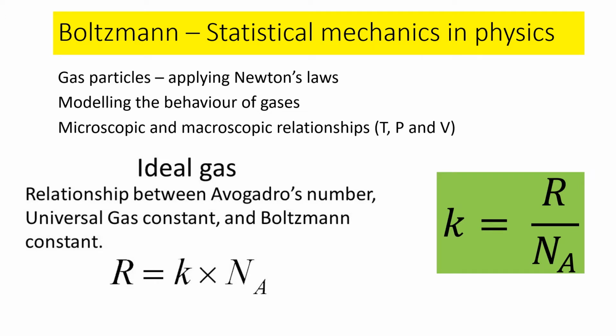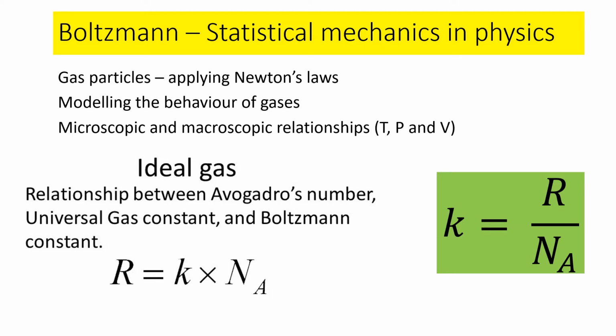So Boltzmann's constant is 1.38 times 10 to the minus 23, the molar gas constant is 8.31, and Avogadro's number is 6.022 times 10 to the 23.